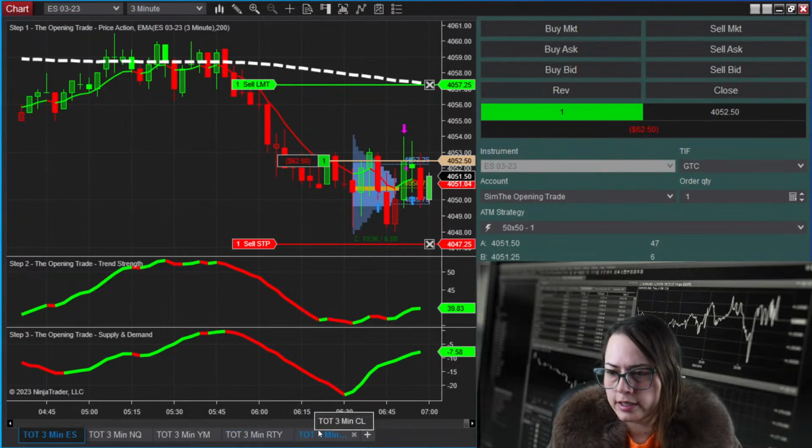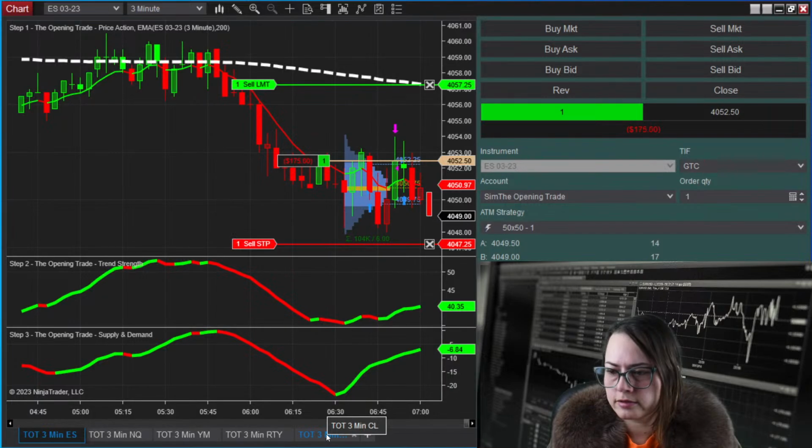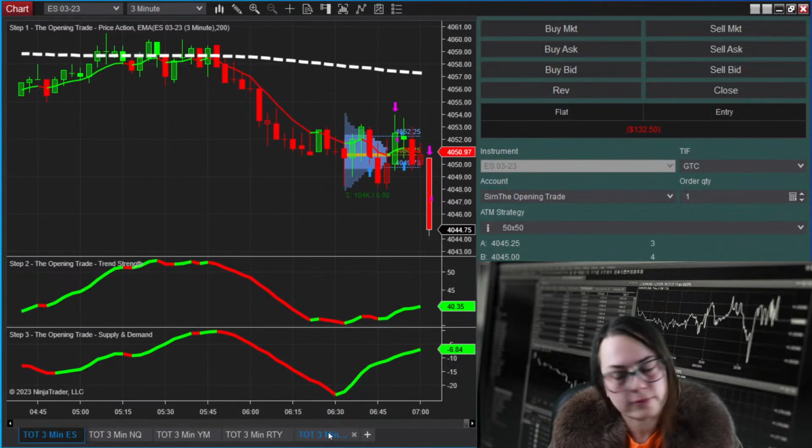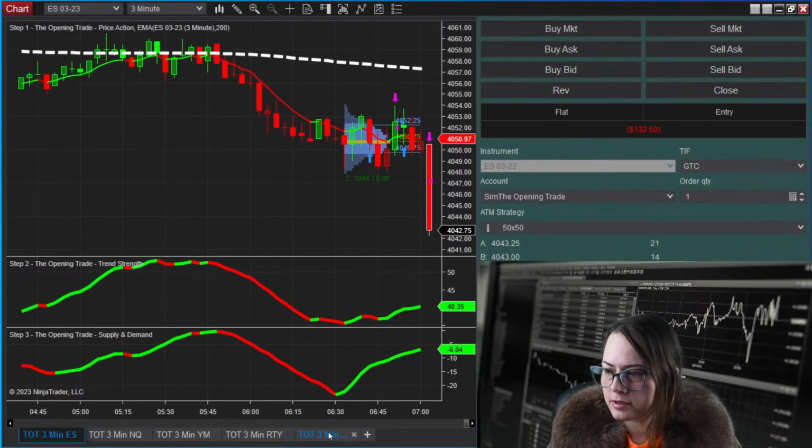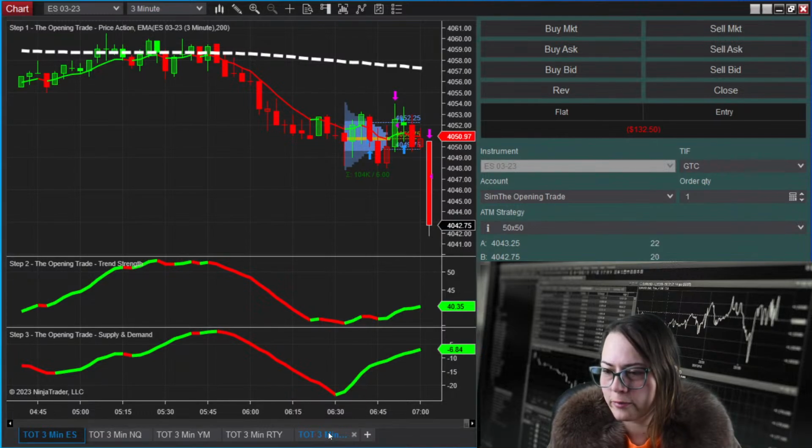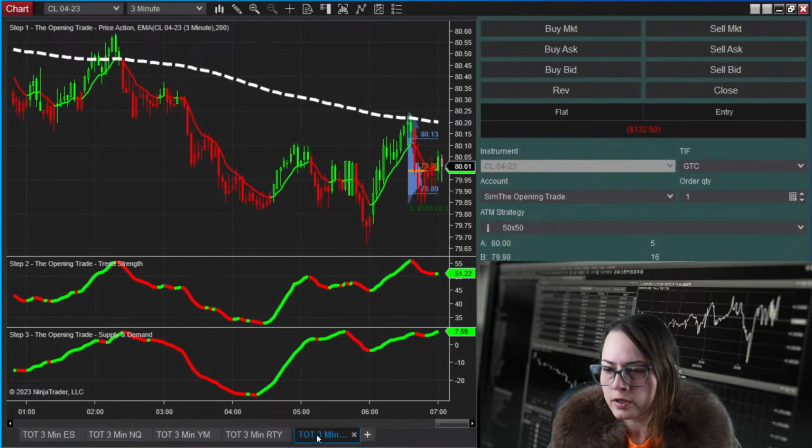So here we're going to let this trade run. It is going to be a little bit, oh, hopefully it doesn't do that again. Stop filled. Wow, that ran down really fast, which is totally okay.